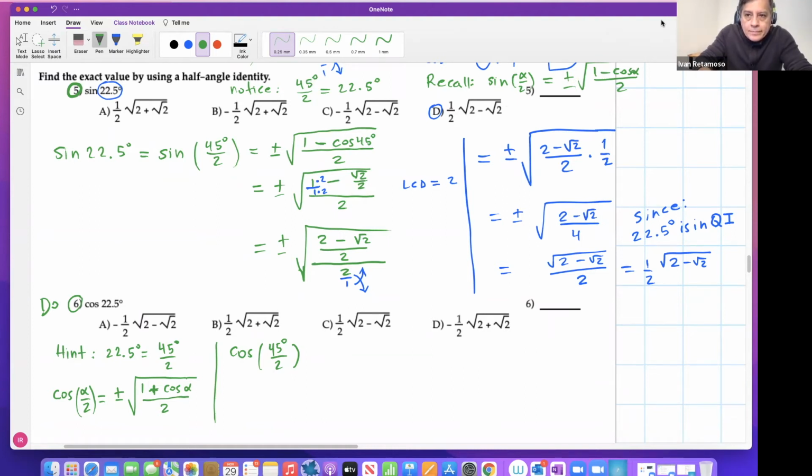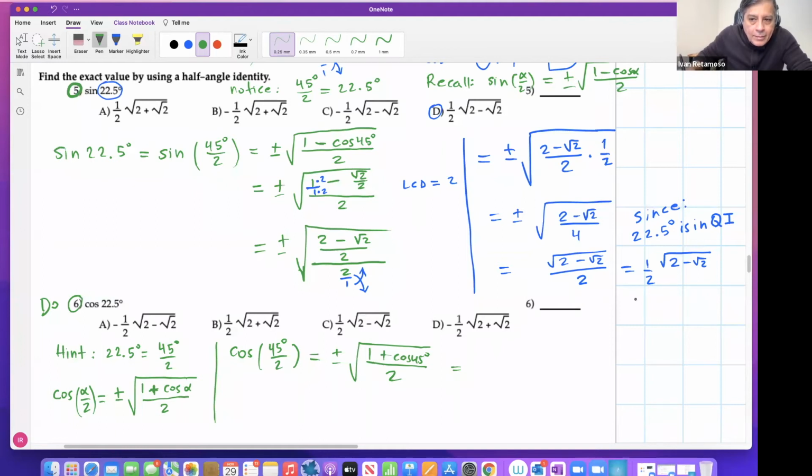Excellent. So if we write this out, this should be plus or minus the square root of (1 plus cosine of 45 degrees) over 2, over 2. But notice that this, except for the minus, is exactly the same as we did here.